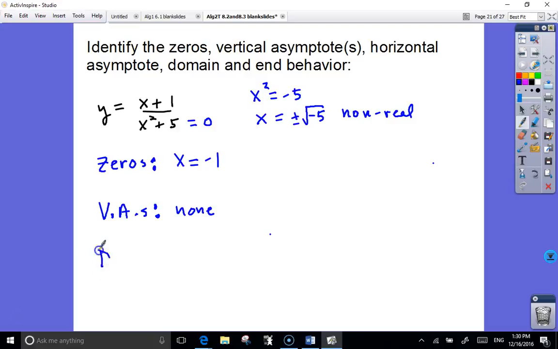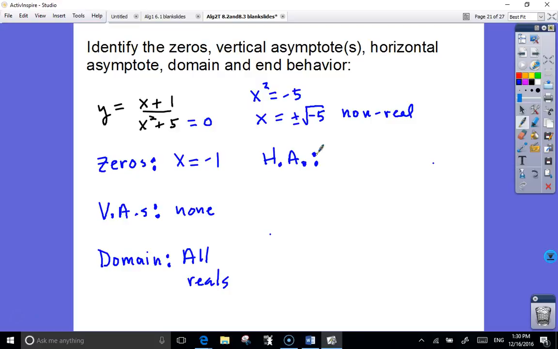If there are no vertical asymptotes, then what's the domain? All real numbers, right? There are no restricted values, so it's all real numbers. Okay, horizontal asymptote. Which of the rules are we going to use again? Number 1, degree of the numerator is less than the denominator.